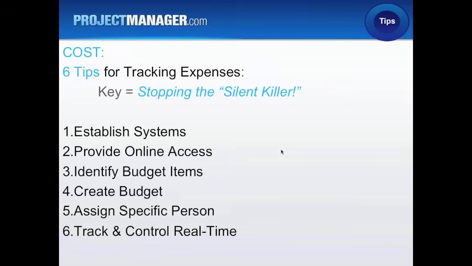Now that you've established the system, provide online access so people can get to things easily and not get hidden in someone's email. So maybe someone submitted this long, detailed email to the project manager, and maybe they didn't see it for weeks or it got hidden in other emails. So provide a system, provide online access, so you know where to find those expenses, and then they can get it submitted to accounting or whoever your finance group is, whoever is tracking the expenses.